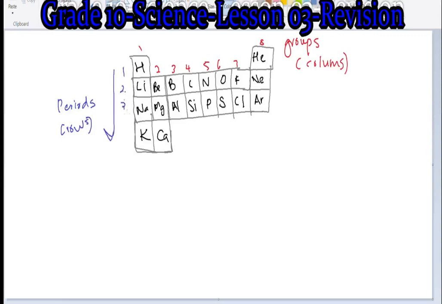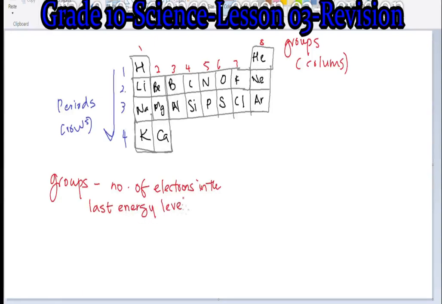Now first, if you're talking about groups, the groups tell you the number of electrons in the last energy level. Okay, so the number of electrons in the last energy level.